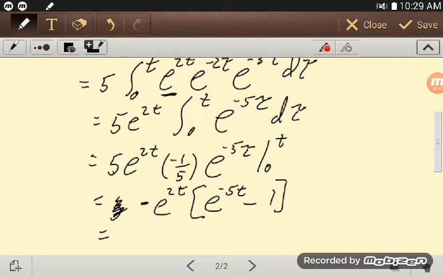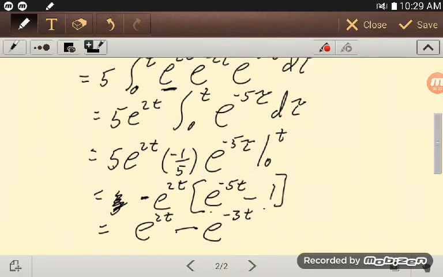Now, here's this negative, so it's going to turn these two things around. So I'll do e to the 2t times 1, and two negatives make a positive, e to the 2t, and then minus e to the minus 3t. So that's my answer after doing that integral.